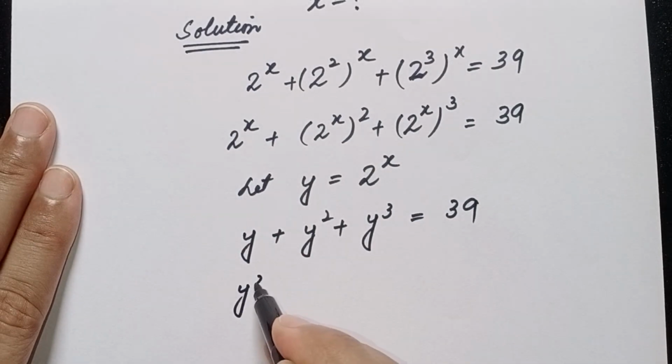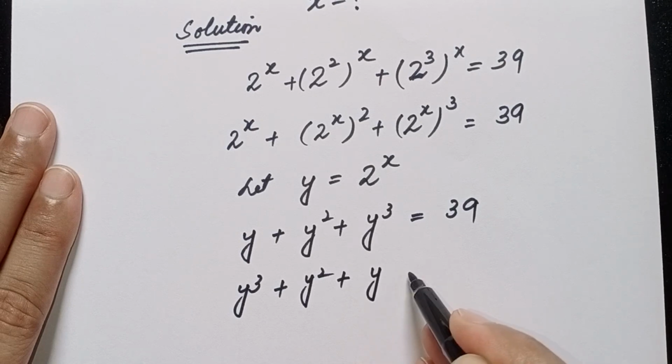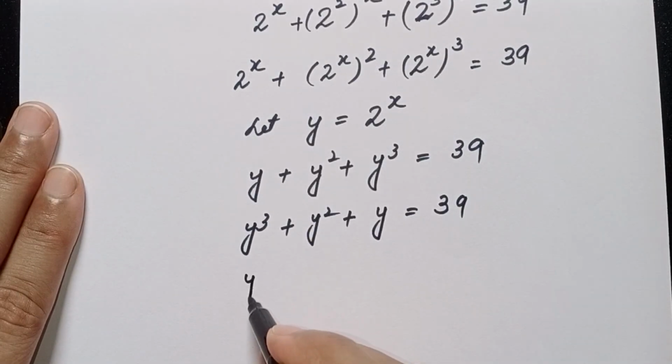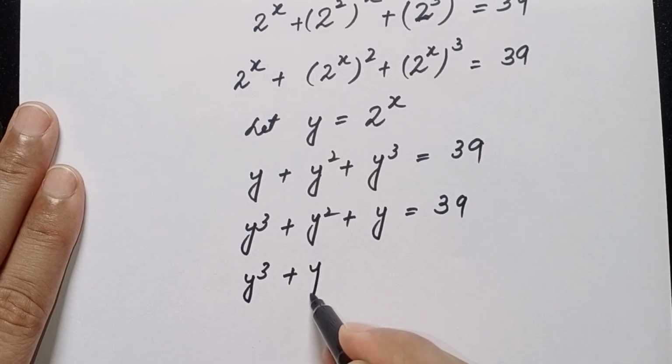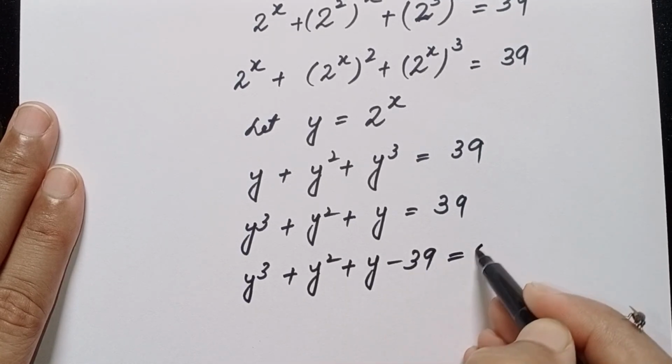Now first of all, arrange this equation: y cube plus y square plus y is equal to 39, and then bring 39 to this side. y cube plus y square plus y minus 39 is equal to 0.